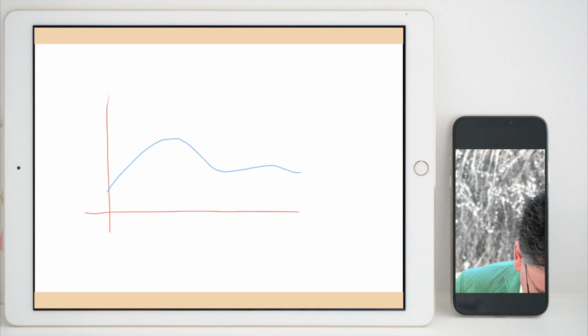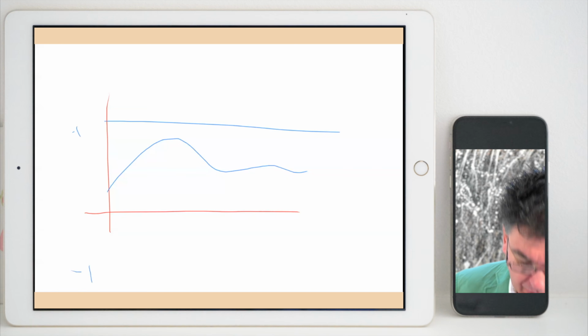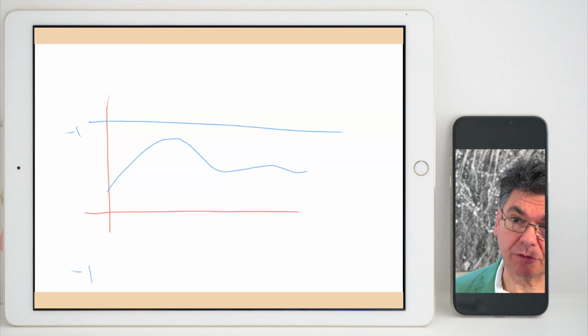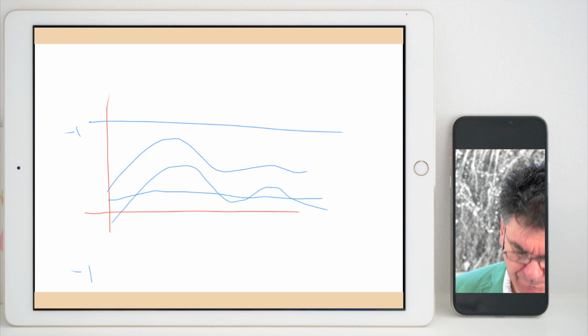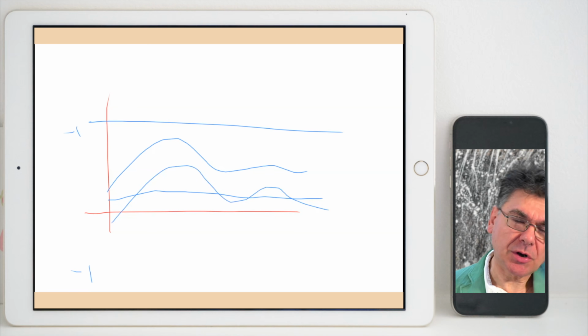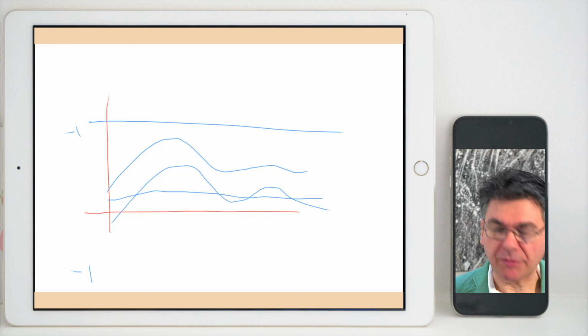So this is -1 and +1. You're doing correlations, and the correlation is between +1 and -1. So you're going to get 3 charts, and the correlations may be like that, something like that. The 3 charts will indicate the periods of dependence between the 3 variables.